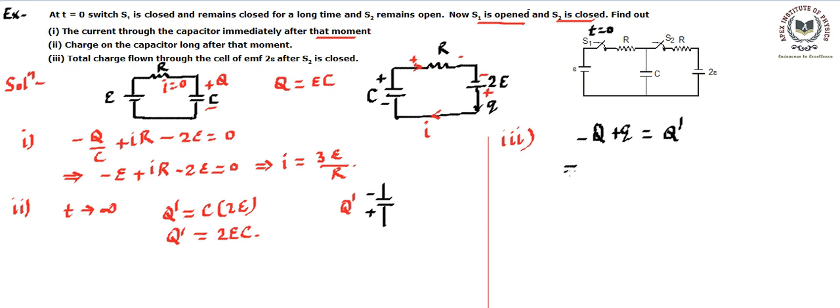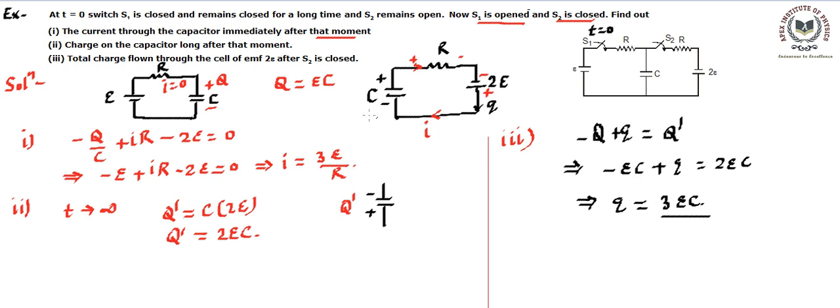Now we can carry on and find out what the small q is. So this becomes minus EC plus q equal to q dash, which is 2CE. From here we can calculate the small q value, and it comes out to be 3EC. That means this battery will supply 3EC charge.